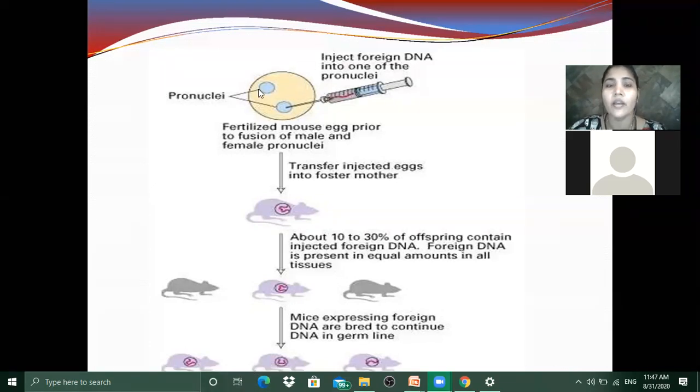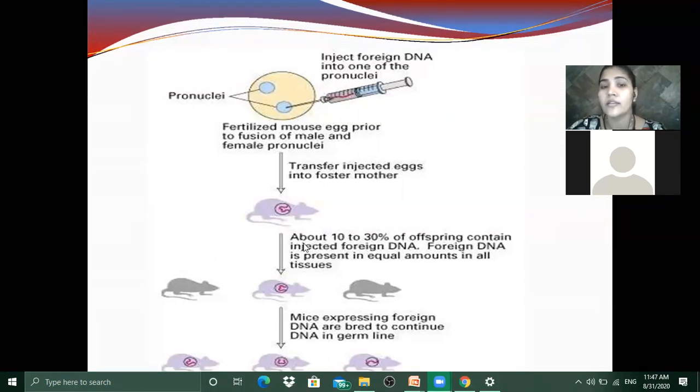So you have pronuclei, you take one of the pronuclei and inject it with the transgene solution, then allow the male and female pronuclei to fuse with each other. Then the fertilized egg will be inserted into the mouse.